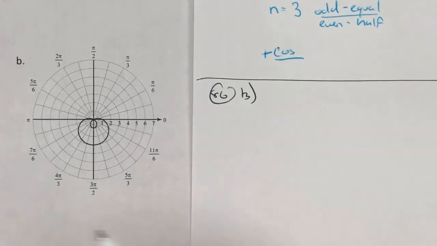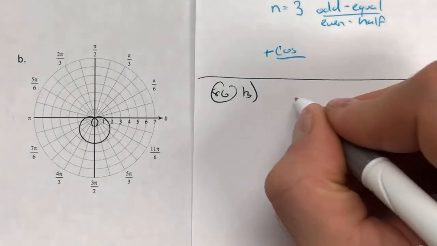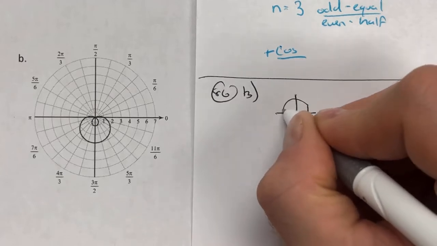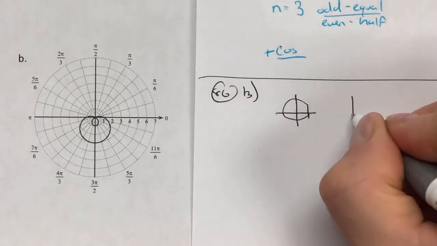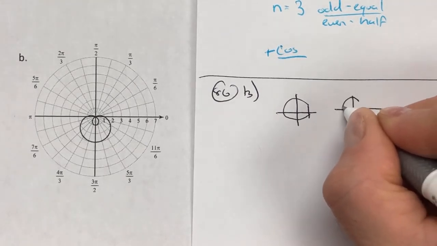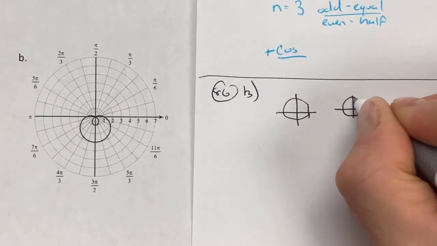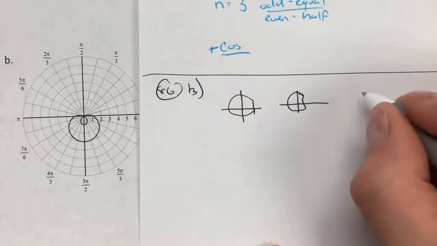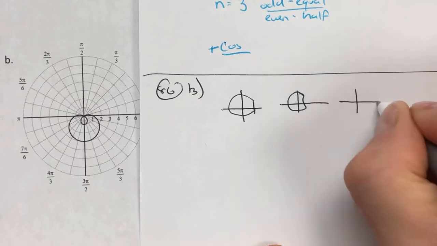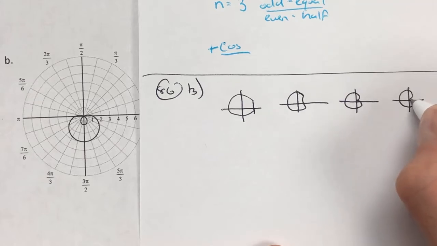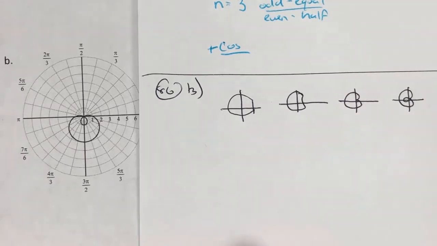So I'm not going to draw this particular limaçon, but we know that we have either the limaçon that has a flat edge, or I know that I have the limaçon that has a dimpled edge. So there we go. We have the dimpled limaçon. We know that if that dimple keeps going in, we'll have the cardioid. And then if it goes in even further, I'll have the inner loop.